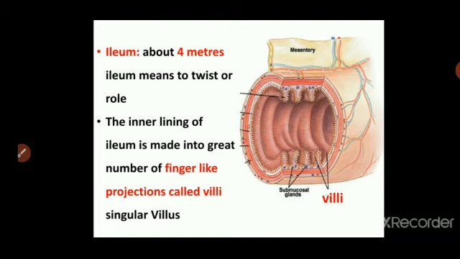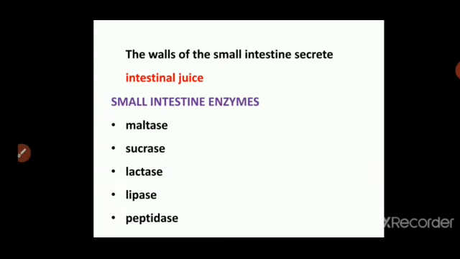They secrete the intestinal juice. Now, the small intestine secretes numerous intestinal enzymes. Let us see which are those enzymes. The enzymes present in the intestinal juice are maltase, sucrase, lactase, lipase and peptidase. Now, let us go through it one by one.